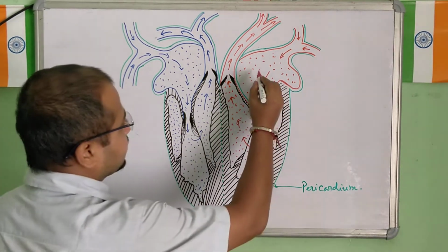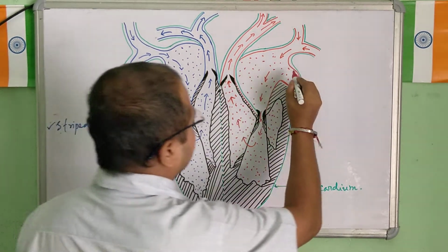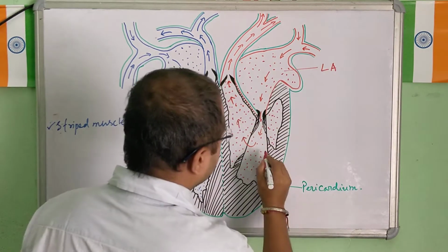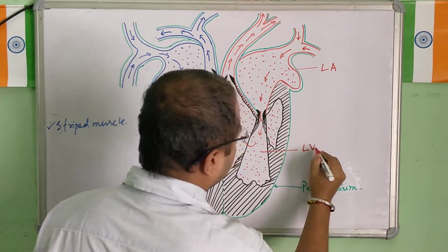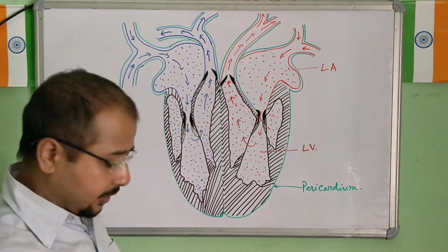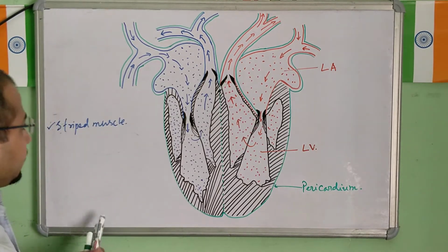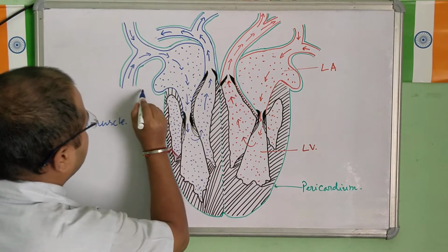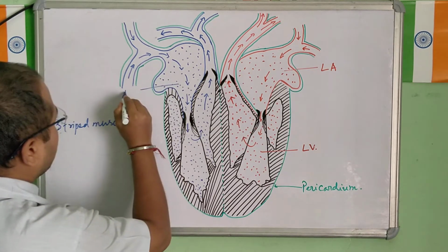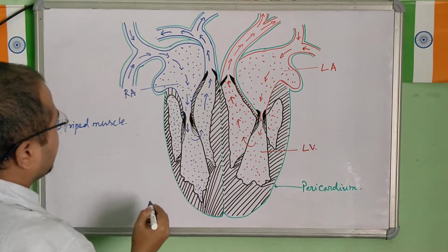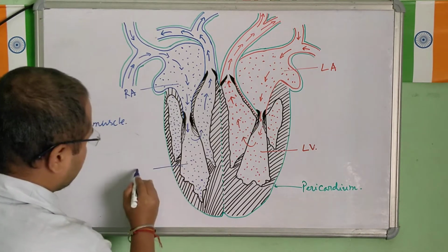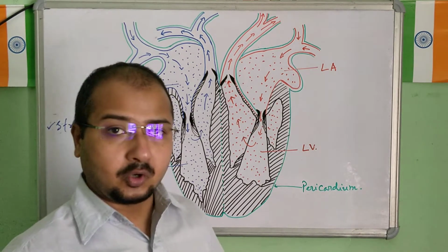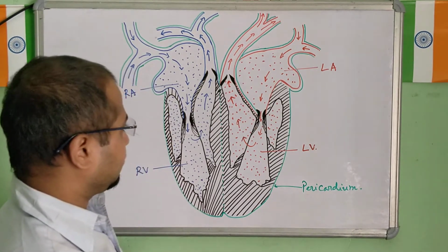This is the left atrium, and this part is the left ventricle. And on the right side, this is the right atrium, and this is the right ventricle. The four chambers are done.